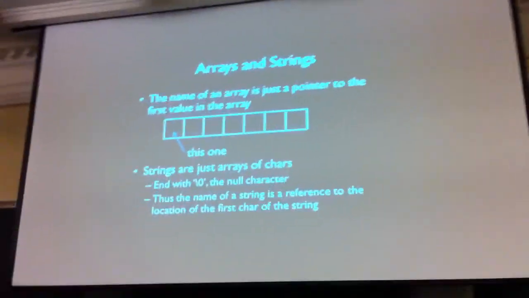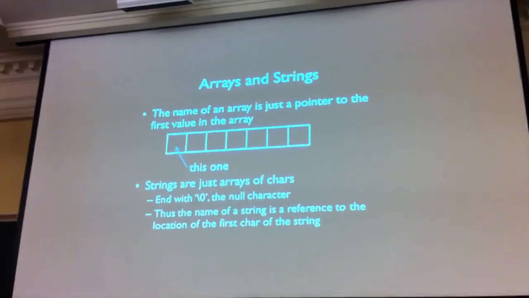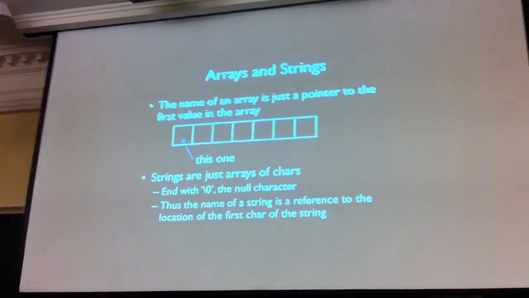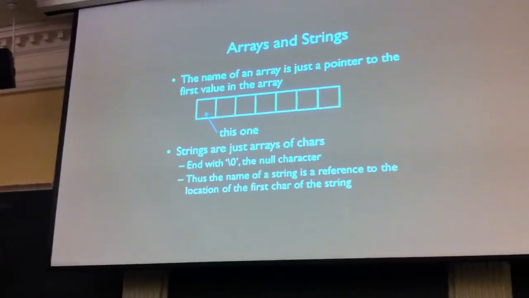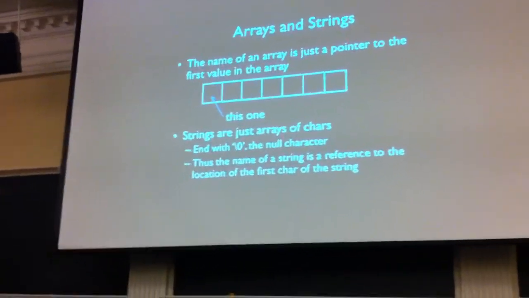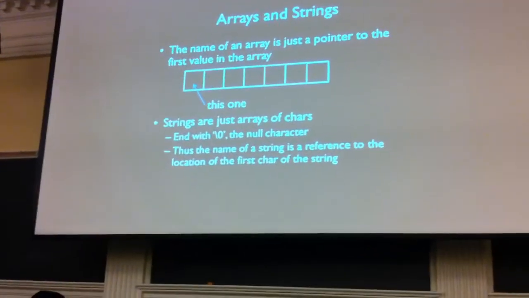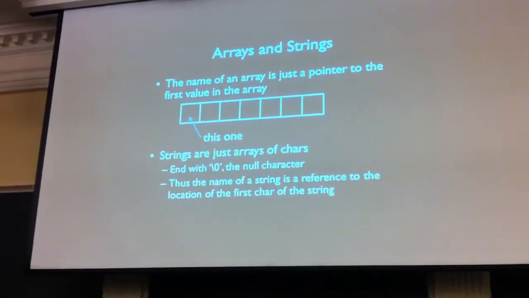You can see that the name of the array is just a pointer to the first value of the array. And in reference to the question posed to Rose earlier, can you return an array? You can't exactly return an array from a function per se, but you can return a pointer from a function. From that pointer, which would be the address of the array, you can access things in the array like that.